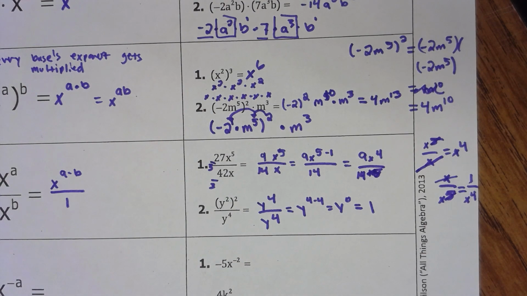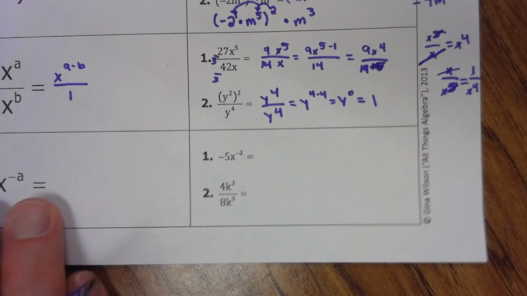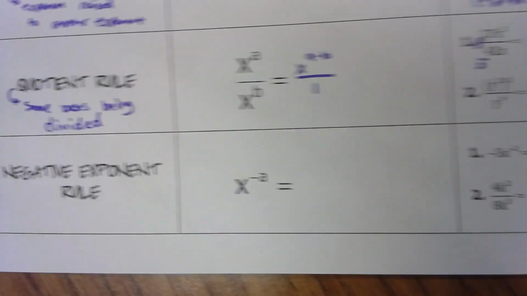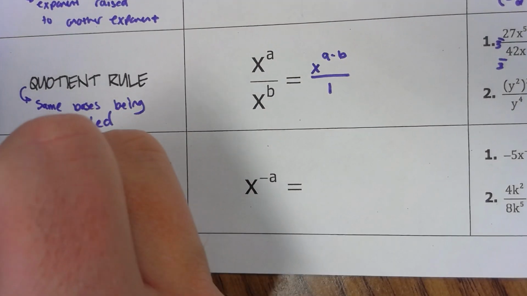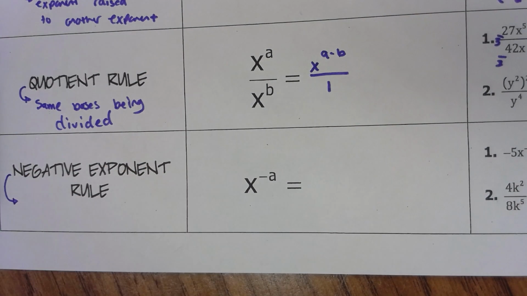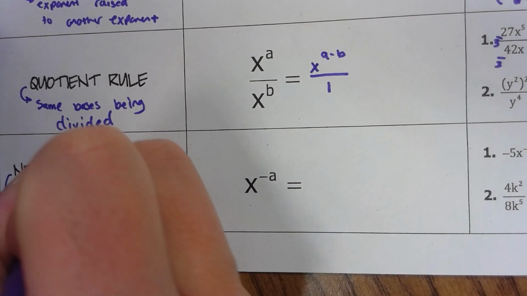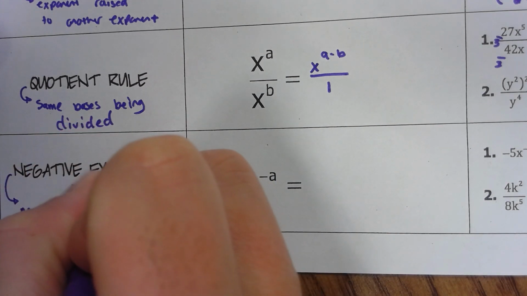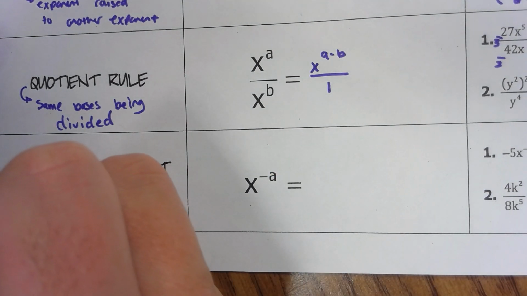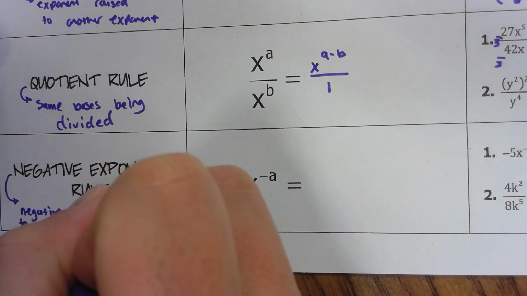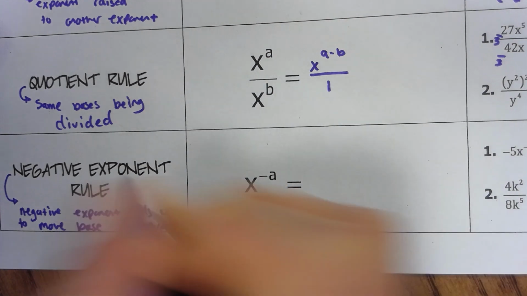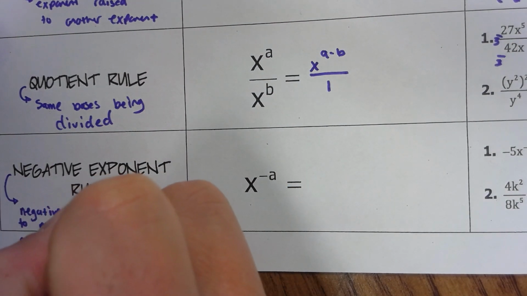Now this brings in the last property, and that's negative exponents. This is one that students have the hardest time with. And the negative exponent, that name kind of explains it. How I think about this is the negative exponent tells us to move the base to the numerator or denominator.